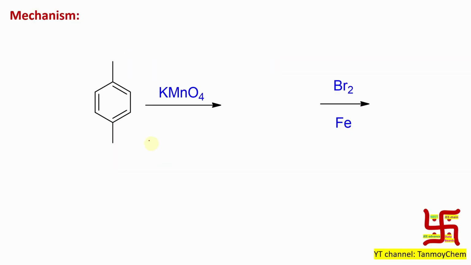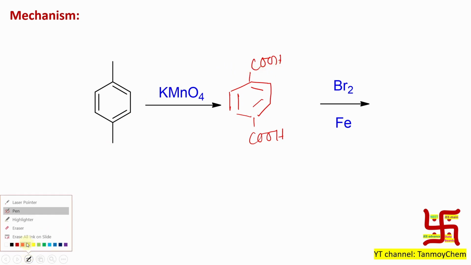Okay, let's take D. So if I say KMnO4 oxidation, then side chain oxidation, ultimately it will result in this dicarboxylic acid. It is called terephthalic acid. Now these carboxylic acids are, students, electron withdrawing groups. So with respect to one carboxylic acid, the meta position gets brominated.